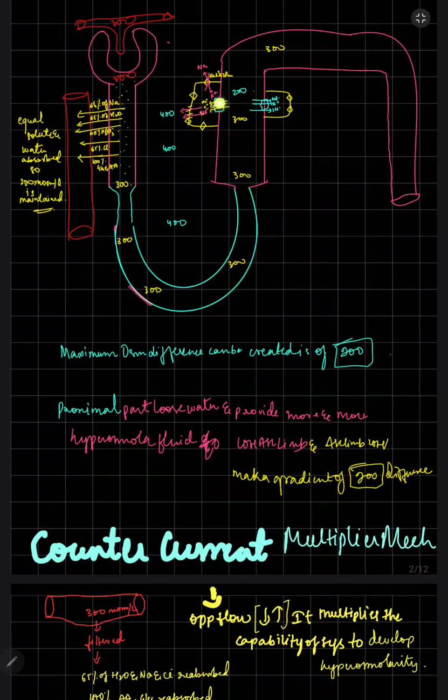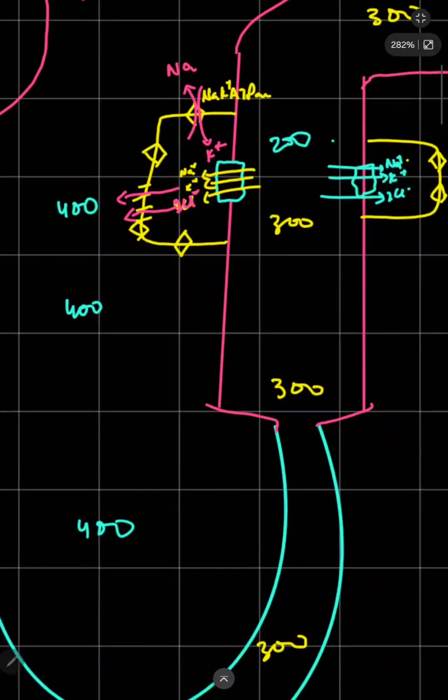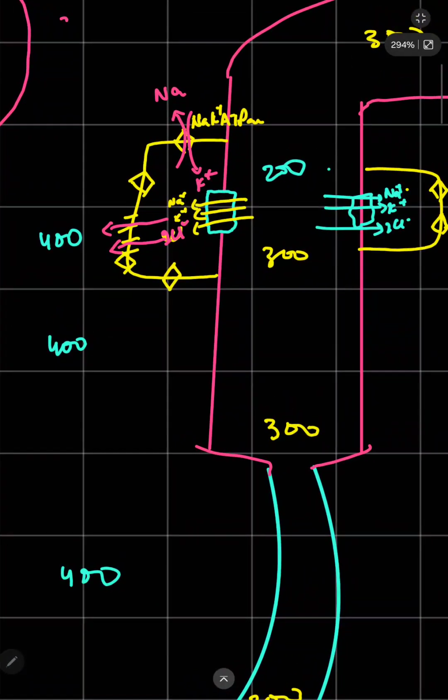There is a key channel called the sodium potassium 2 chloride transporter. To know more details, you can refer to the previous videos. This will absorb solutes, because this part of the nephron is impermeable to water and permeable to solutes, so the solutes are absorbed and released into the interstitium.